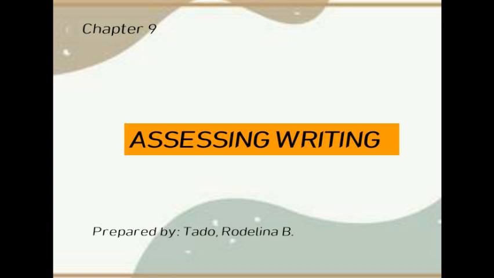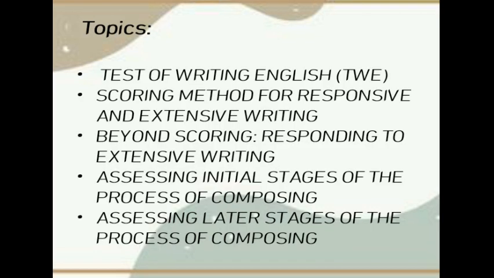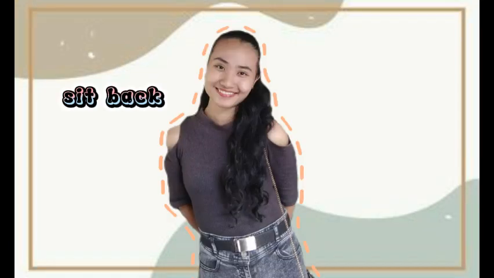And now I will be discussing the Test of Written English, scoring methods for responsive and extensive writing, beyond scoring, responding to extensive writing, assessing initial stages of the process of composing, and assessing later stages of the process of composing. So, without further ado, sit back, relax, and enjoy learning.